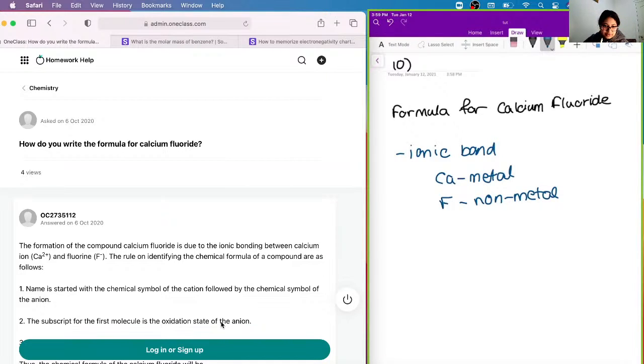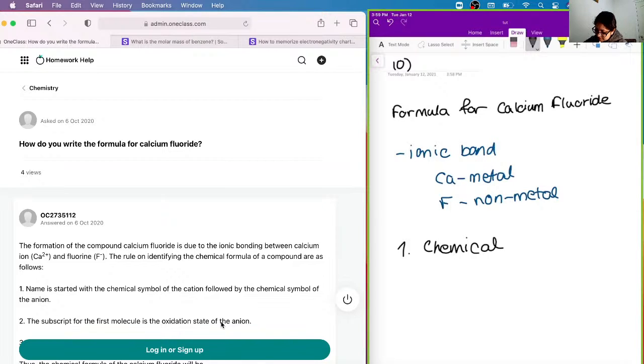And so the rule on identifying the chemical formula of a compound is to first, as they said here, start with the chemical symbol. So you need to know the chemical symbol of the individual atoms in the compound.